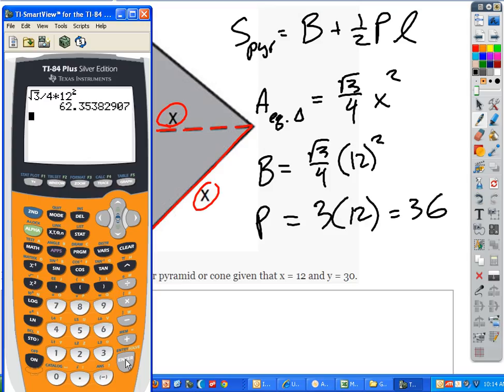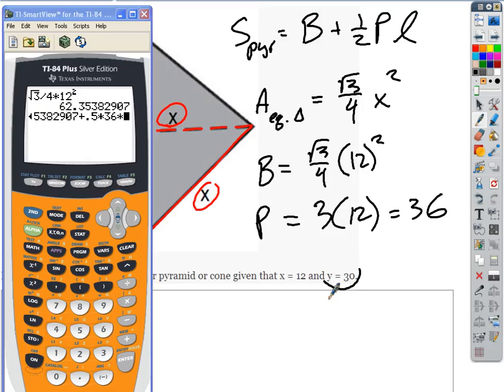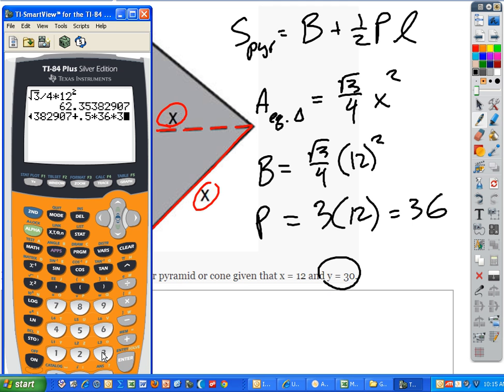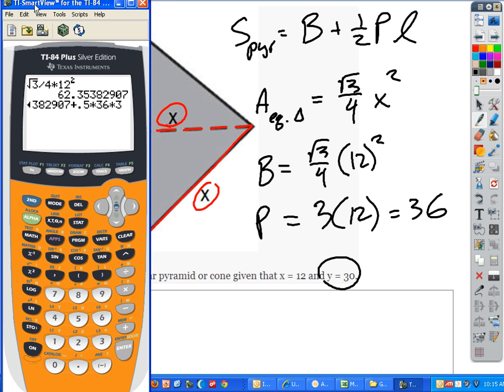We've got this number plus 1/2 times P, so 0.5 times 36, our perimeter, times the slant height, which is 30. And just like that, we got it: 602.35. Done. That's for the whole surface area of an equilateral triangular pyramid.